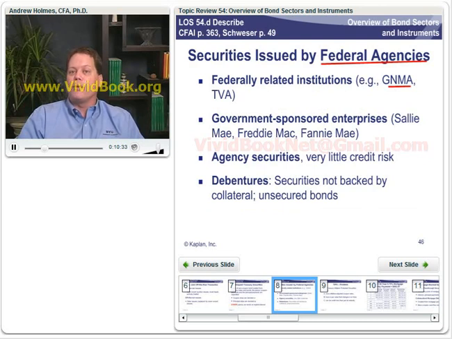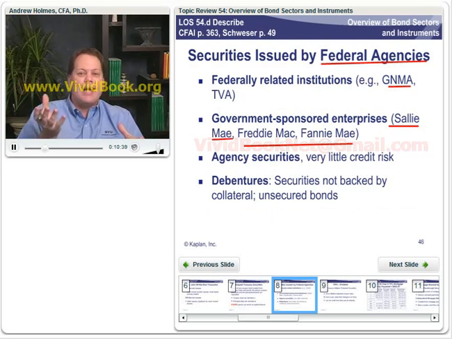Now, of course, we know from experience that they're not likely to do that, and we actually didn't expect them to. But government-sponsored enterprises always had that little extra risk. So Ginnie Mae is essentially part of the federal government in the United States. Freddie Mac and Fannie Mae were essentially related enterprises that the government has indicated that they are likely to bail out, but that they would not necessarily be obligated to.